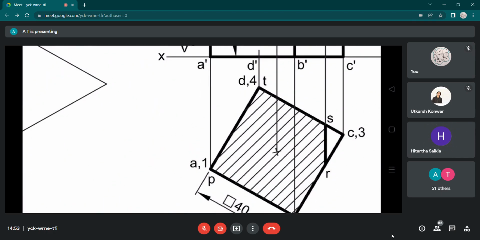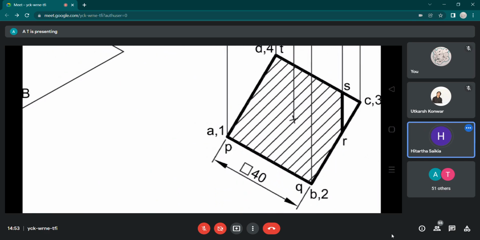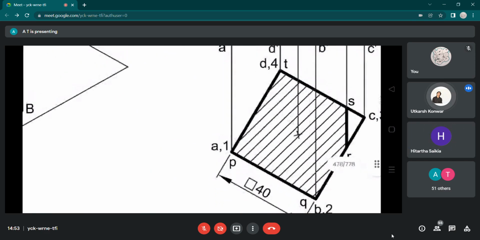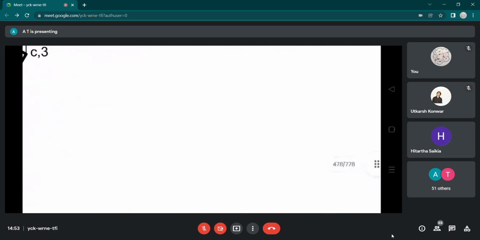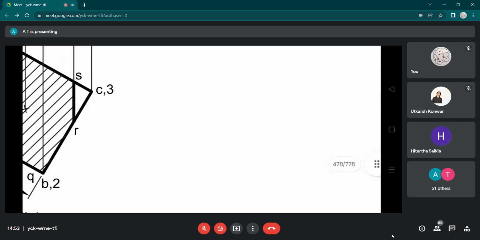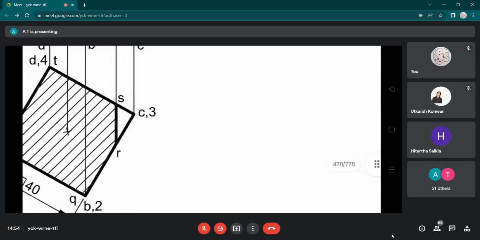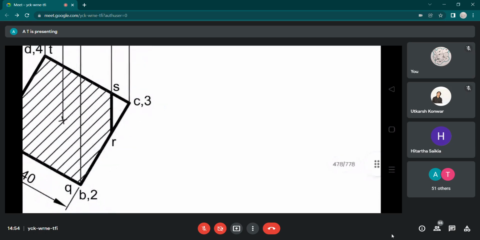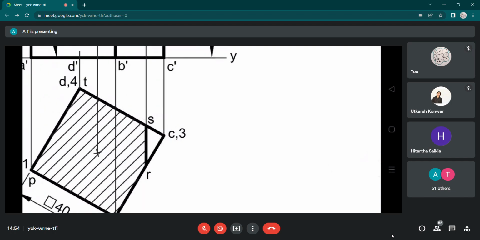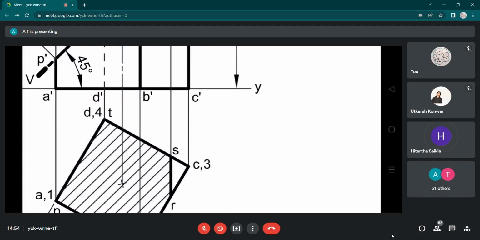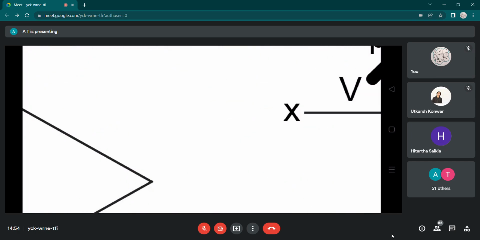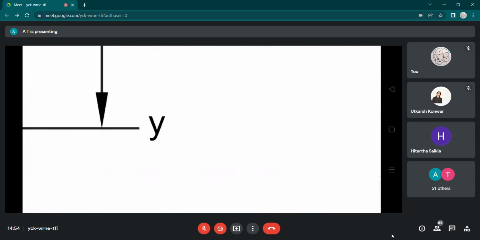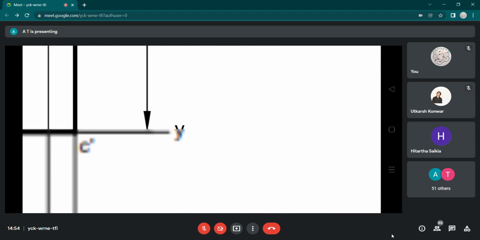Can you see CD? The side CD, the upper right corner. You have to make this CD at an angle of 30 degrees to the XY axis.